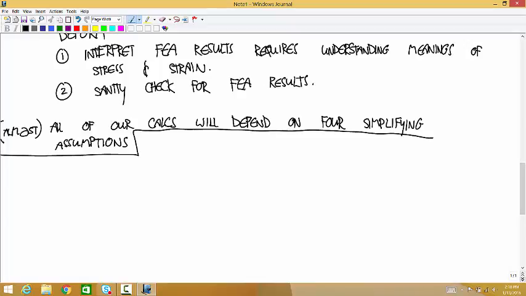The first one is that the deformations that the materials go through are small. In most of the engineering materials that we're worried about, the percentage of deformation is going to be on the order of 1/100th of 1% of the total length.